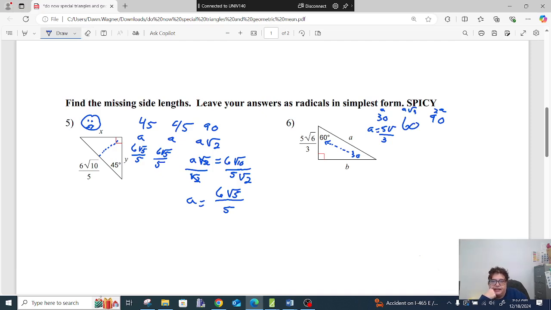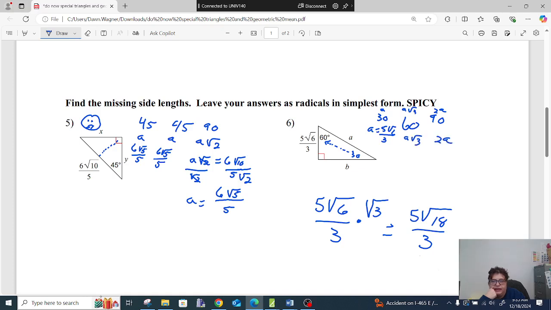I have to take this 5 square root 6 over 3 and multiply it by square root 3, which equals 5 square root 18 over 3. We're multiplying because that's the pattern. A square root 3 to A. A is 5 square root 6 over 3, right?